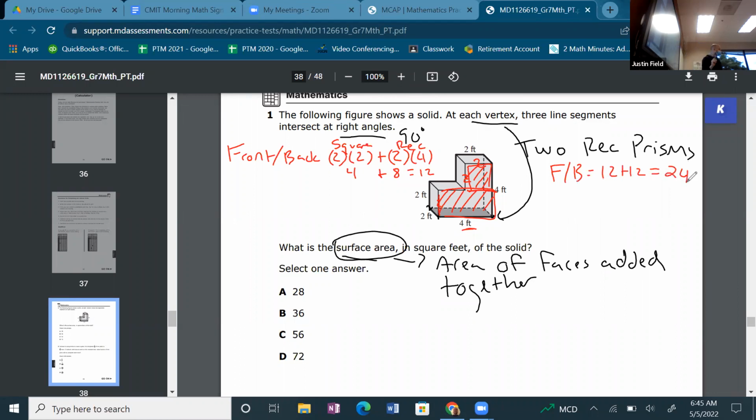All right. Now we got the front and the back. What are the other sides? Top and the bottom, right? Okay, so let's do that in this green. How about the top? The top would be right here, and I guess we could say right here, right?